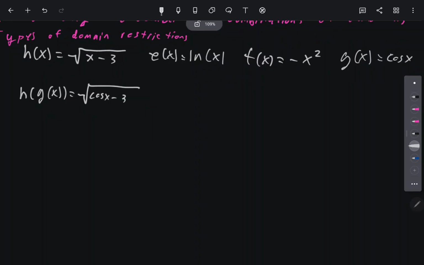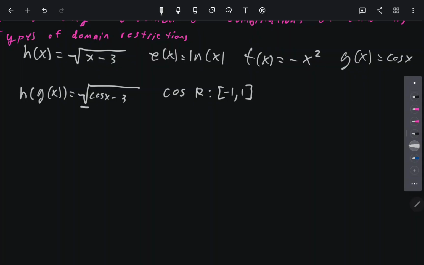But what about this square root part, the h of x part? Is this ever going to be equal to 0 or negative numbers? Well, cosine's range is only from negative 1 to 1.